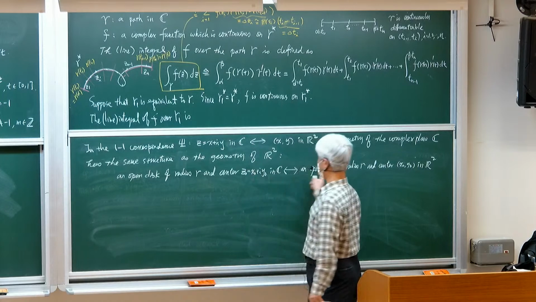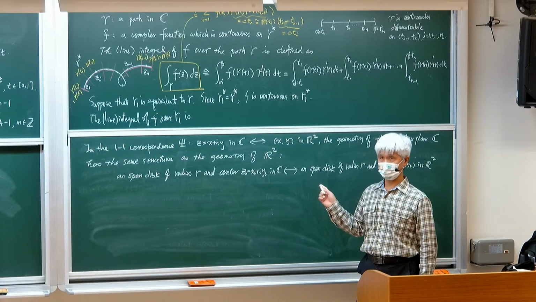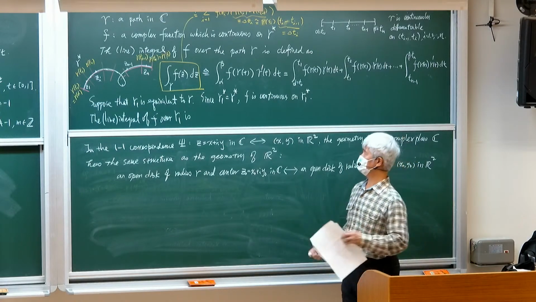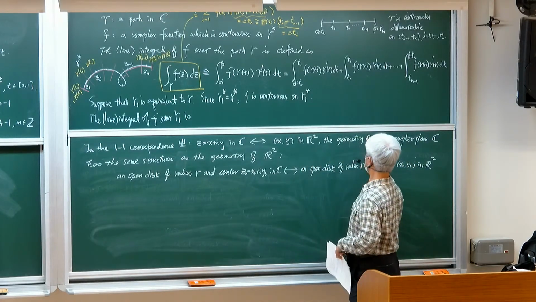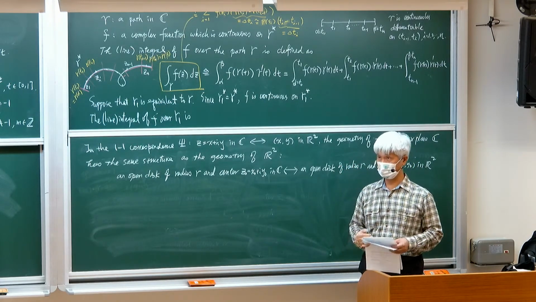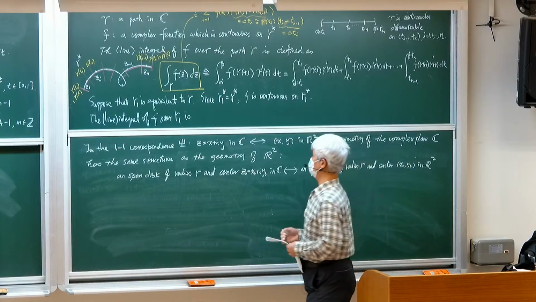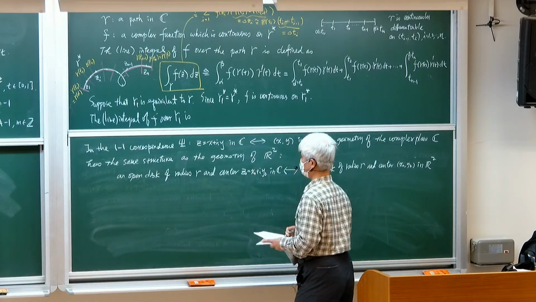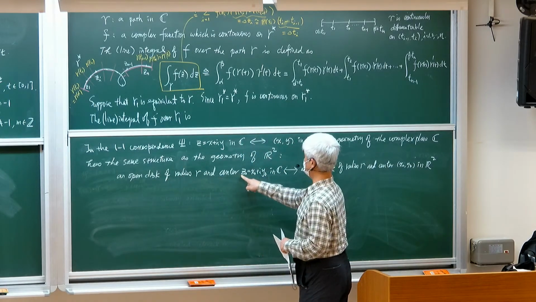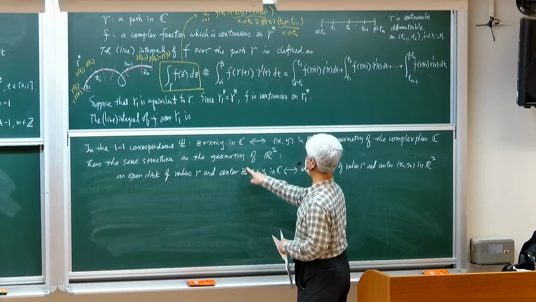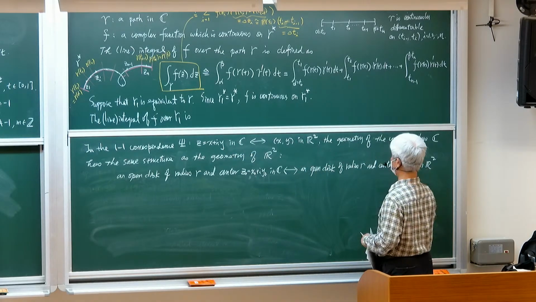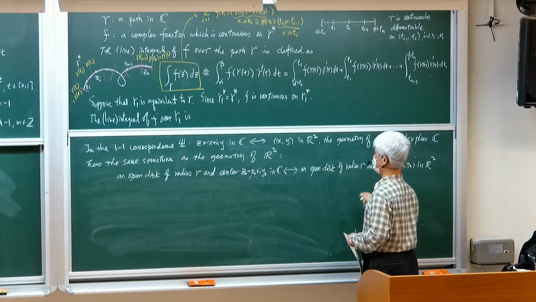So you have this correspondence. Basically, the complex plane will be regarded as a two-dimensional Euclidean space if we talk about their geometry. So an open disk with radius R and this center corresponds to a point in R2. So it's an open disk.